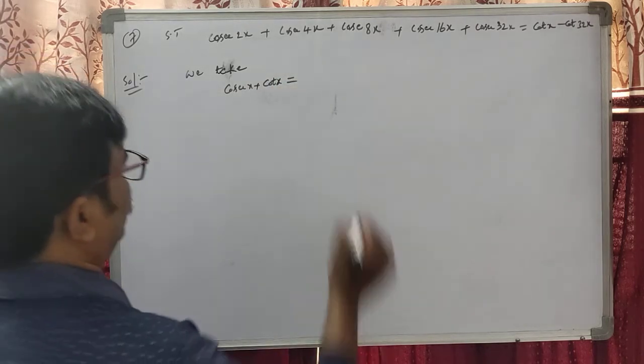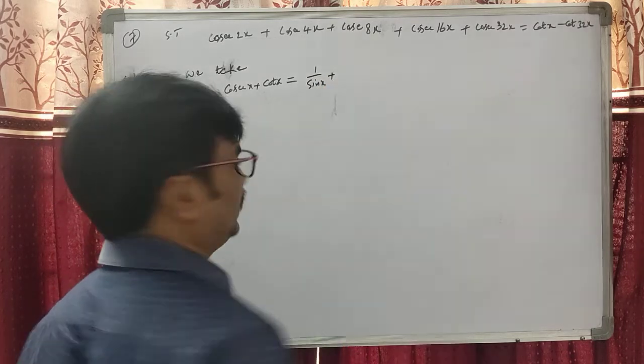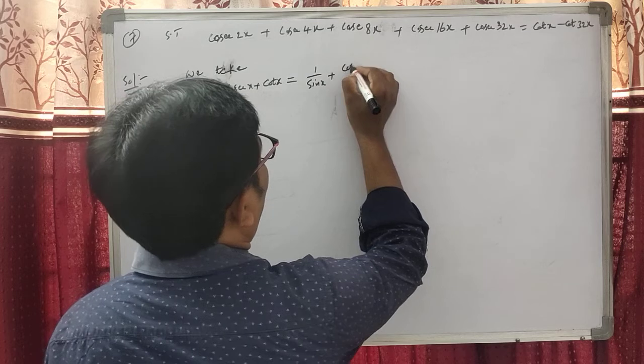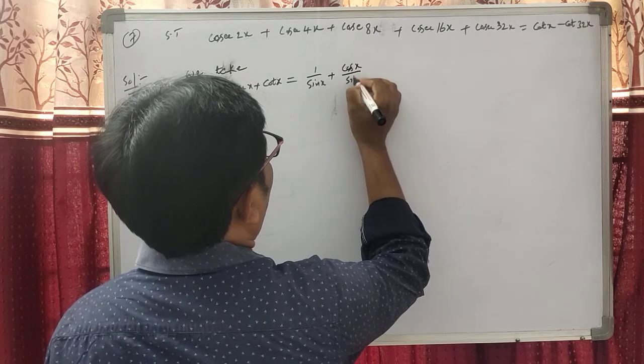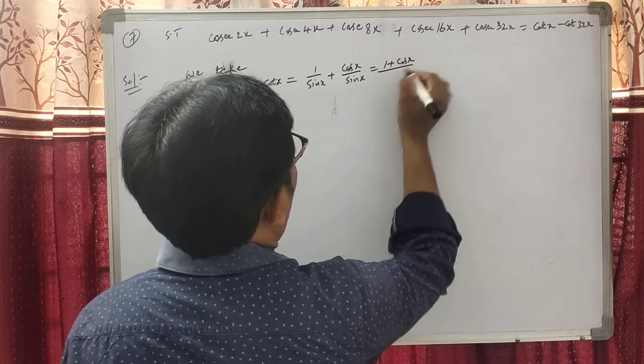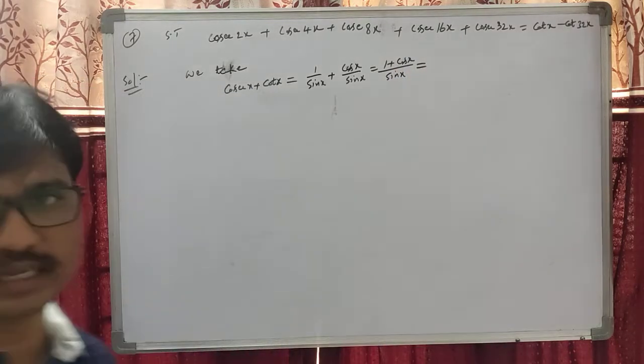Cosecant x is 1 by sin x. Cot x is cos x by sin x. This is 1 plus cos x by sin x.